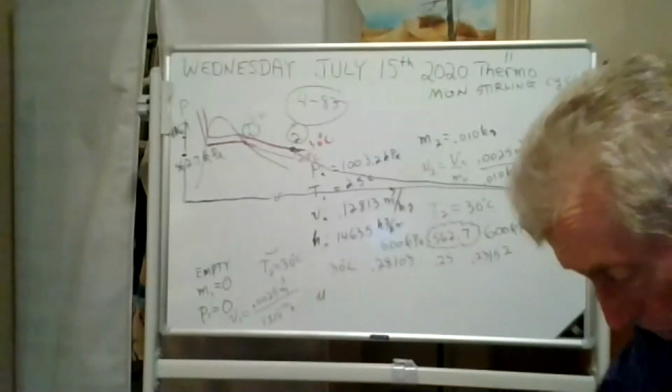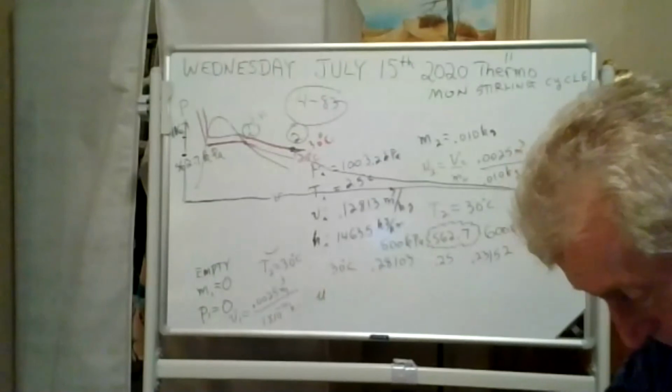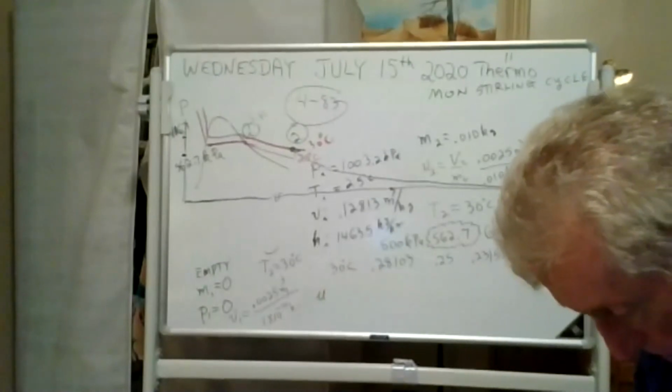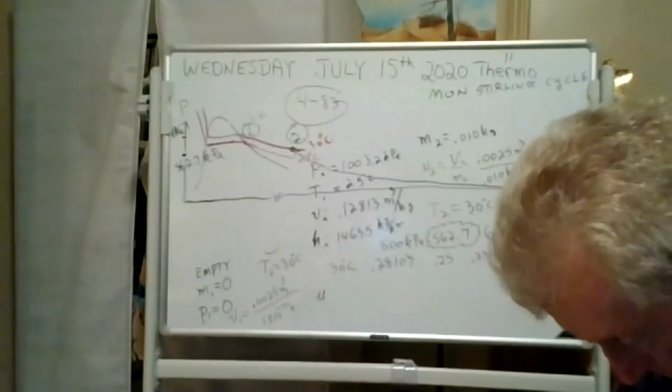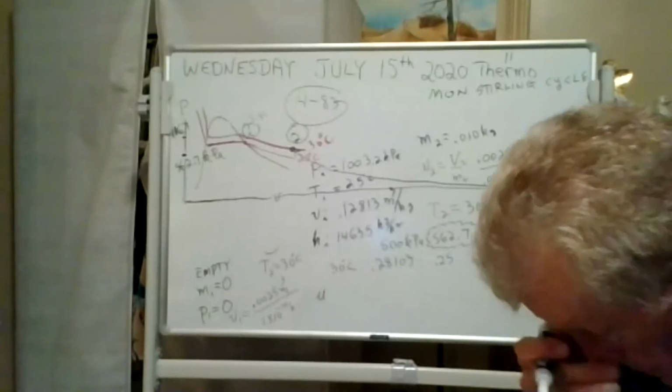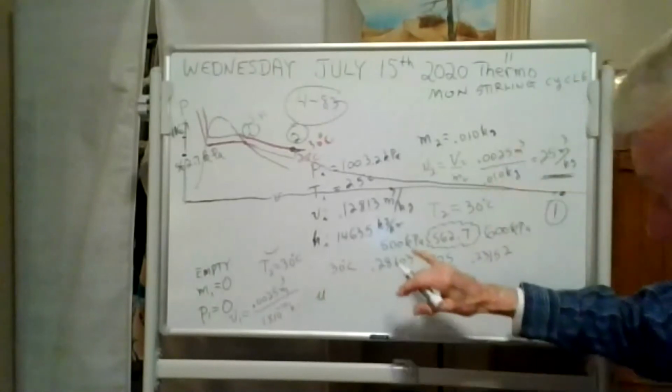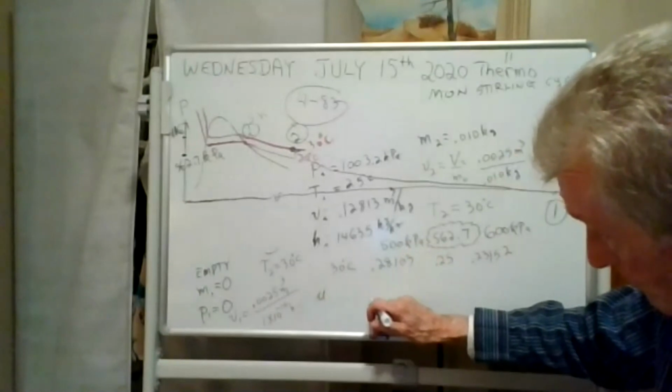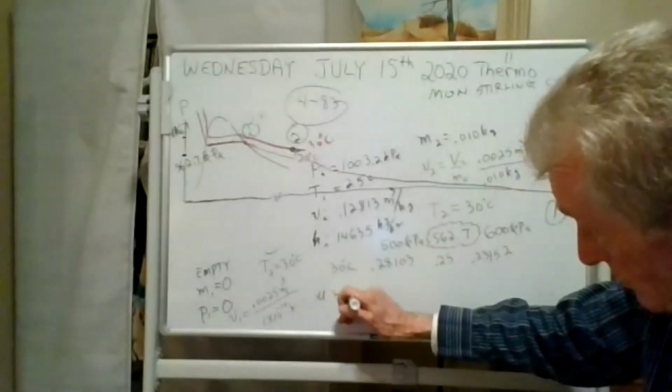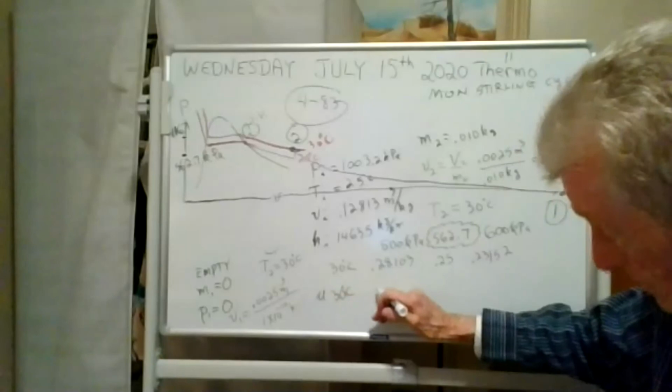So help me go back and find the internal energies at 30 degrees and at 500 kilopascals and 30 degrees Celsius. We're going to need this.